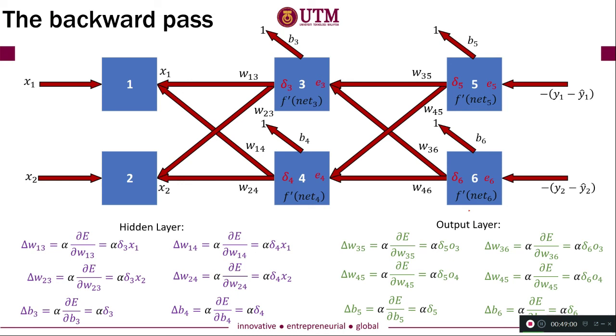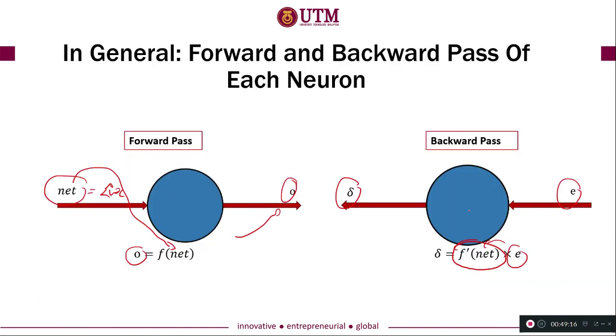Where is the W? What is the W involved? And then you must multiply with the delta of the adjacent neurons. I hope you are clear about that.